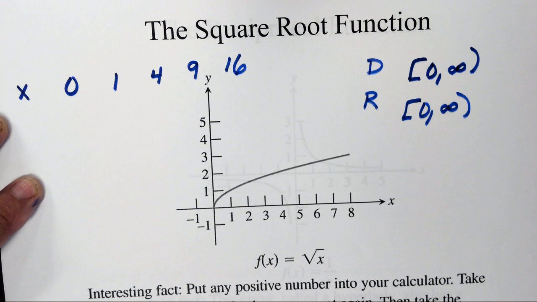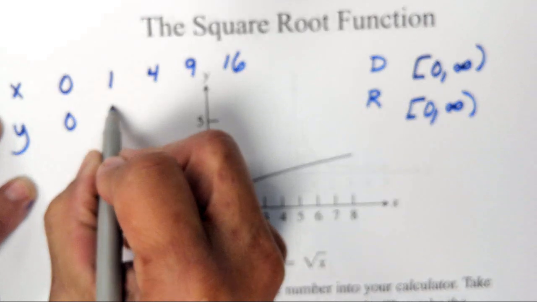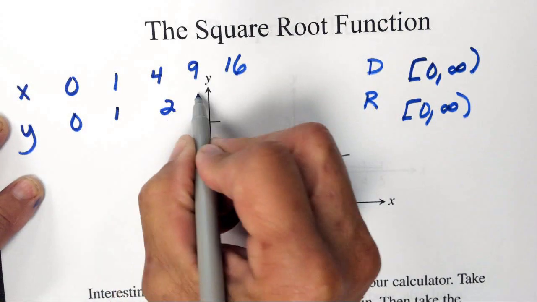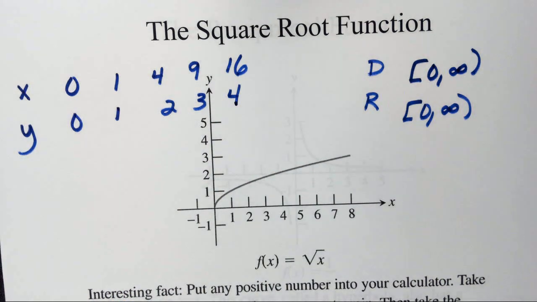Because they're all what? Perfect squares. So what would y be? 0, 1, 2, 3, and 4. Okay? I could choose 0, 1, and 2. But then I'm going to plot 0, 1, and 1.41 or whatever. You know, it's not going to be something friendly to plot.